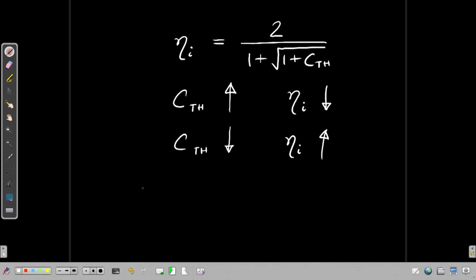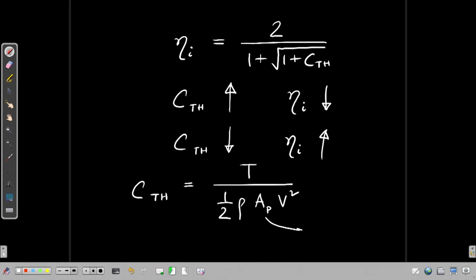So, CTH is basically T by half rho AP into V square. So, if the propeller diameter is higher, then AP will be greater, right.